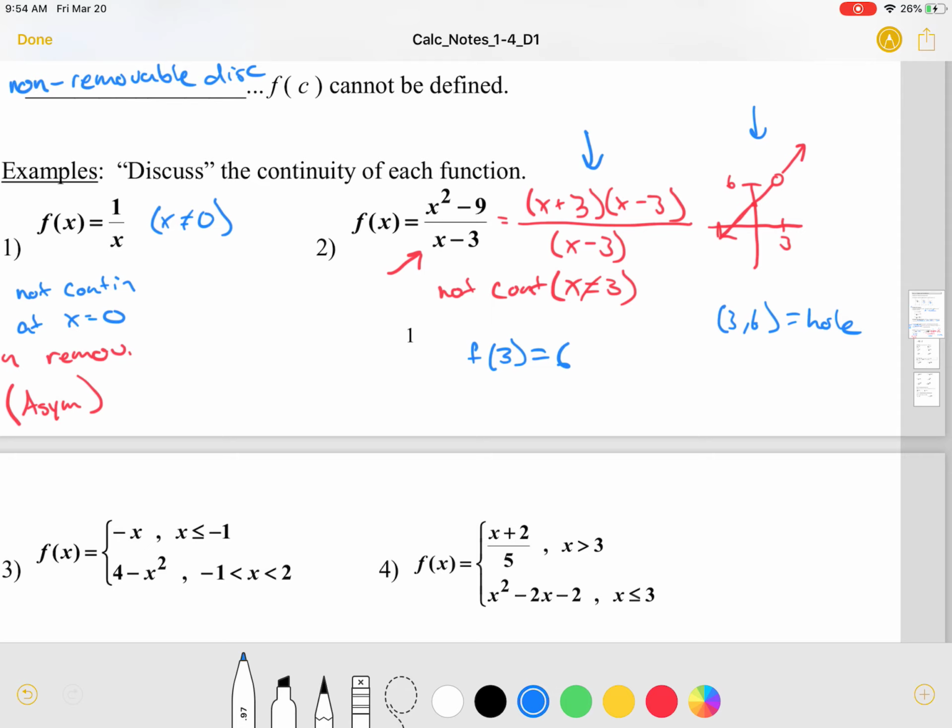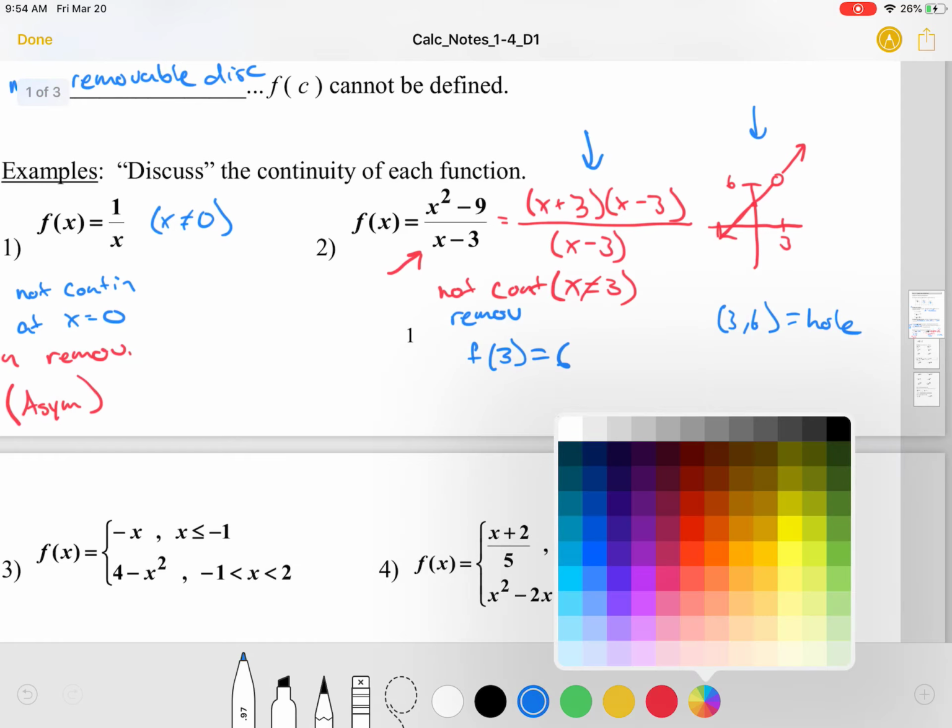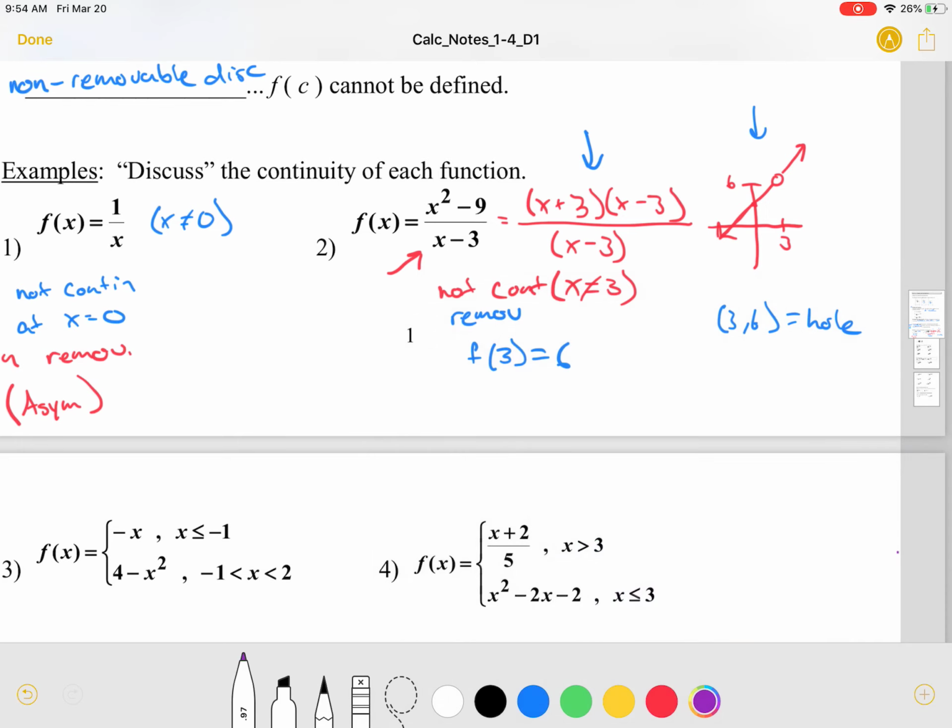Okay. So this tells us that it's not continuous, it's removable. Because if we cancel stuff out, we can plug in our limit and we can find out what it is. Okay, so for this one specifically, we say the limit as x goes to 3 of f of x equals 6.